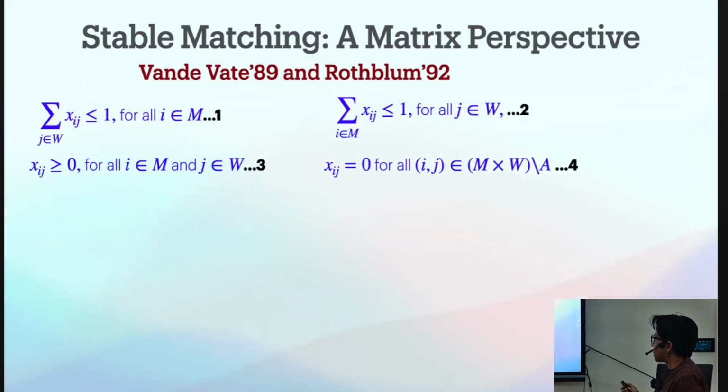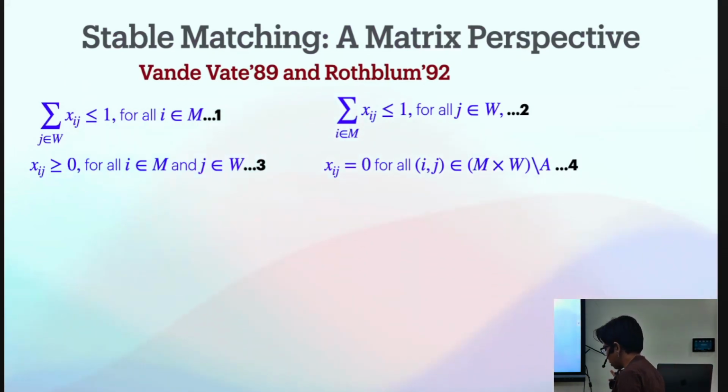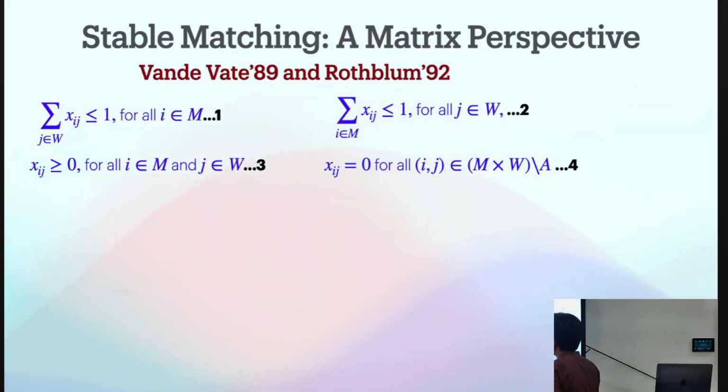One constraint missing, which you all should have pointed out, is if a man-woman pair is unacceptable, and unacceptableness is a symmetric property, if a man finds a woman unacceptable and vice versa, those entries have to be 0.